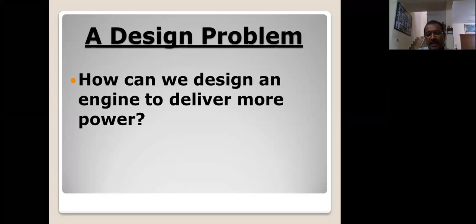So my question is, we need more power. A diesel car needs a little power, but a ship requires much more power. So how can we design such an engine which can deliver more and more power?